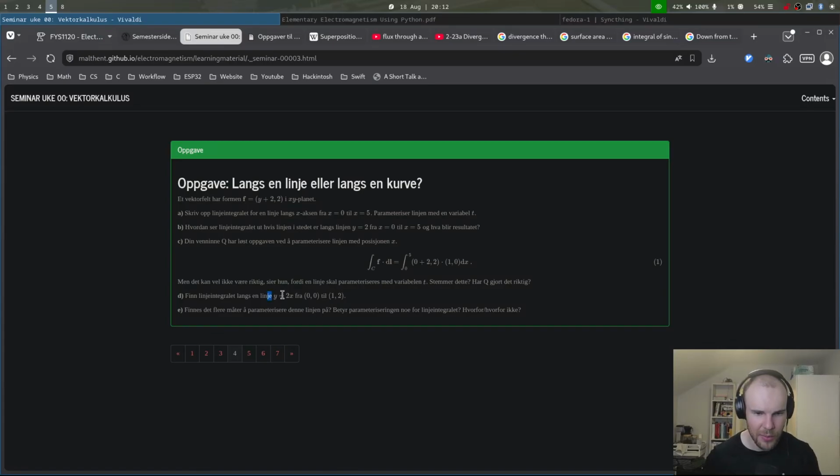So let's see. Y was equal to 2x. That's 2t in the x hat direction. Right? Or am I... Is it the y value? Maybe I'm drunk here now. Maybe it's the y value. Yeah, maybe I'm an idiot.